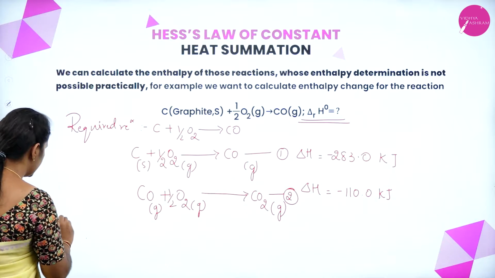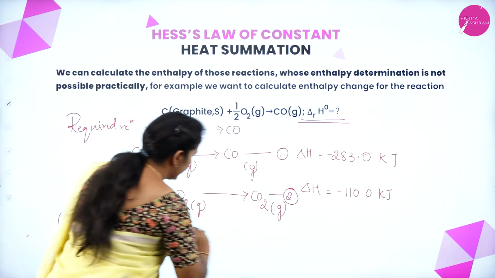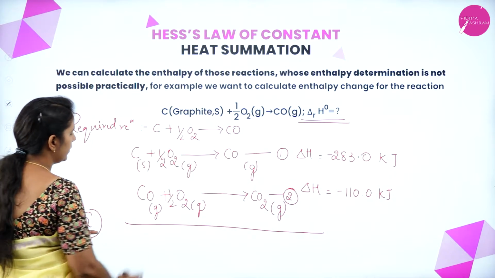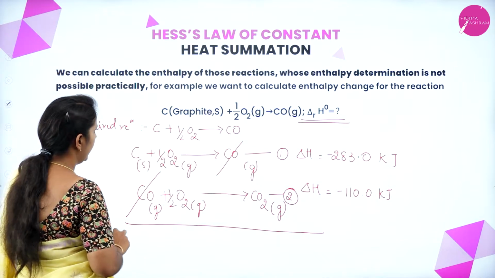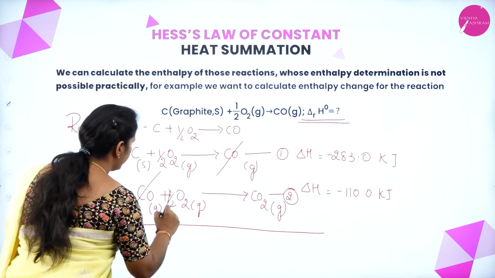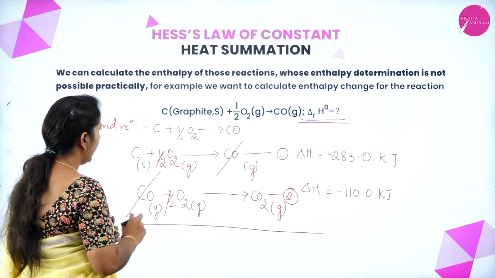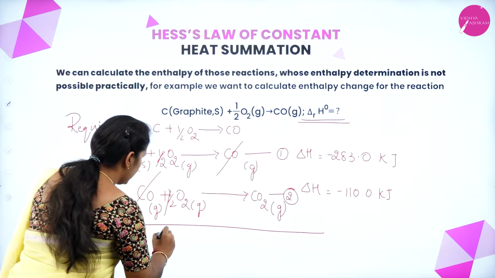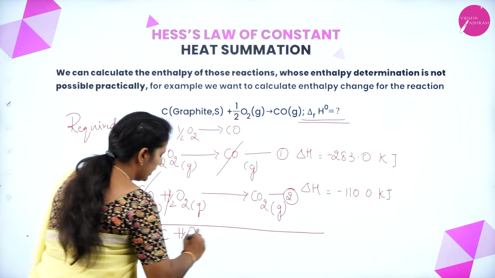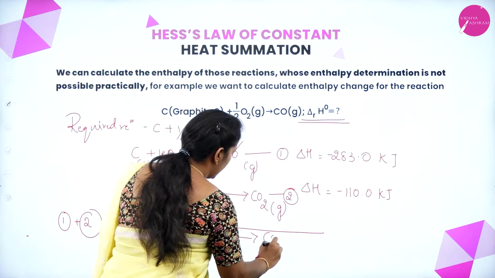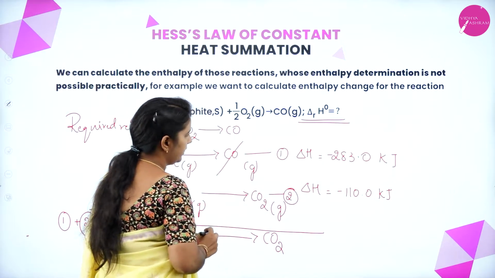I'll add equations 1 and 2 so that carbon monoxide gets cancelled out, and you can see that the half oxygen gets cancelled out, giving rise to carbon plus oxygen, giving rise to carbon dioxide. Now, you need to add the enthalpies here.